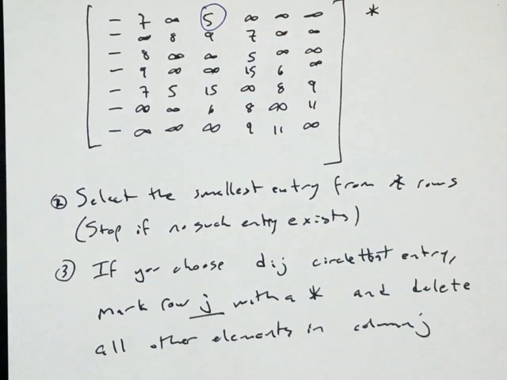If you chose dij, circle that entry. Check. Mark row j with a star. What row do I star? Star the 4th row. And I remove all other elements in column 4 other than the circle. So what's the new version of my matrix?